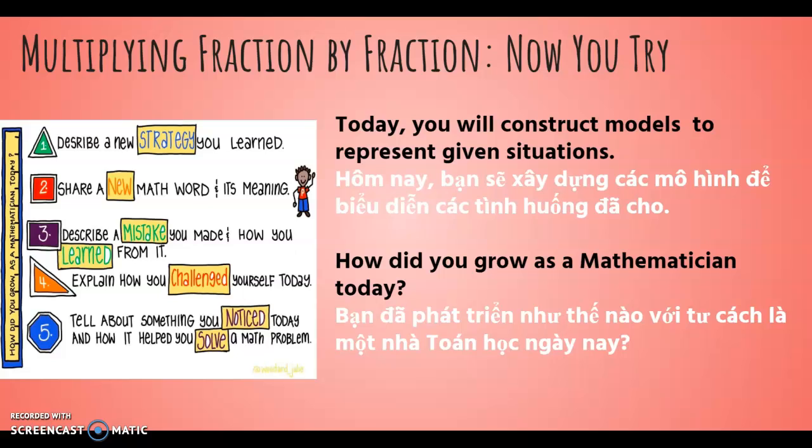So 1, you can describe a new strategy you learned. 2, you can share a new math word or its meaning. 3, you can describe a mistake you made and how you learned from it. 4, you can explain how you challenged yourself today. 5, you can tell about something you noticed today and how it helped you solve the math problem.